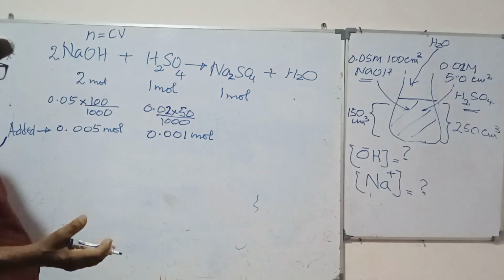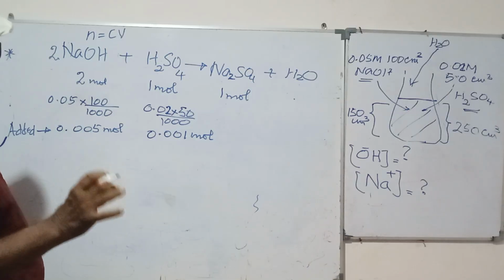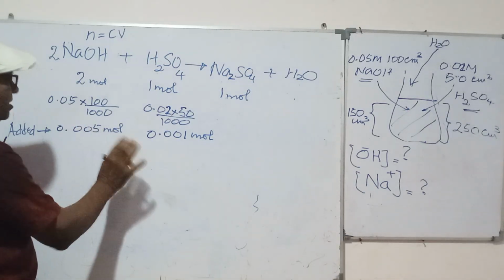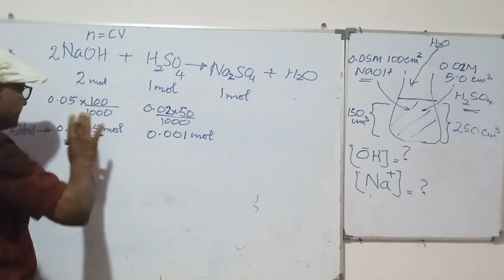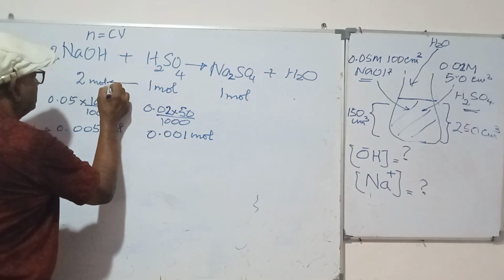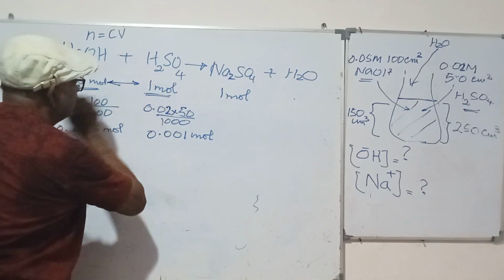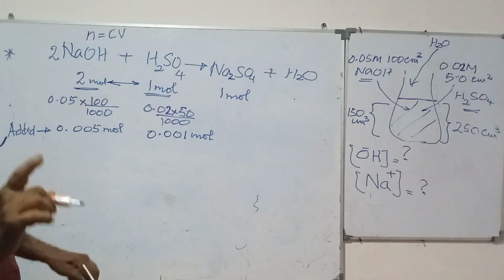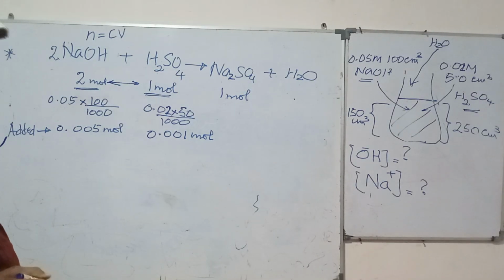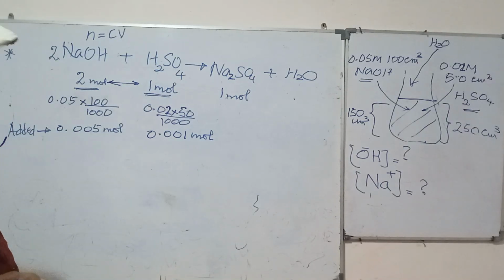So we have to decide that. But you must know that if we add any amounts, they react according to the stoichiometric ratio, 2:1. If we added any amounts, the ratio, they are related to each other.